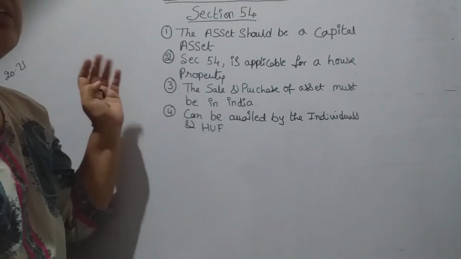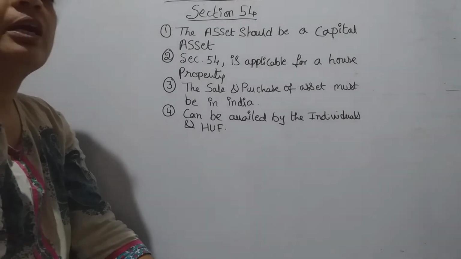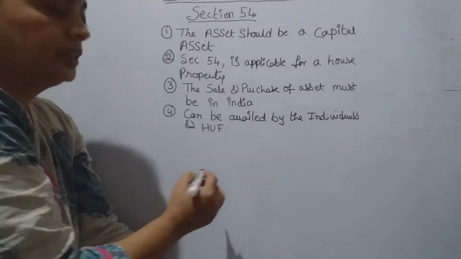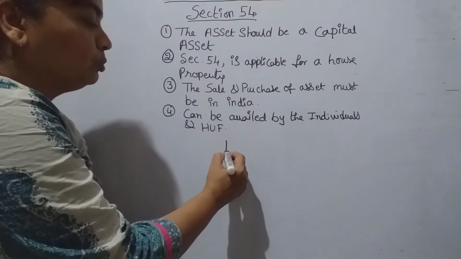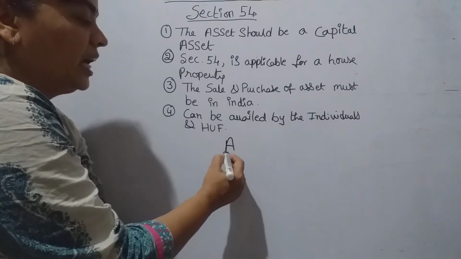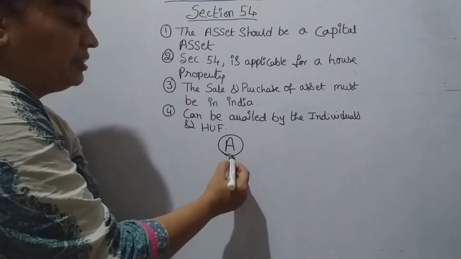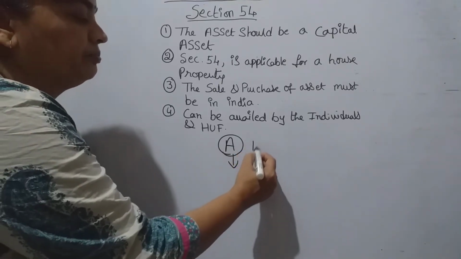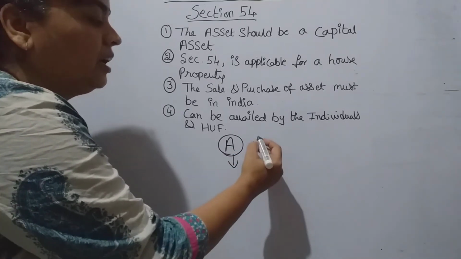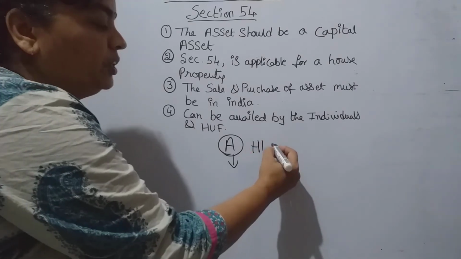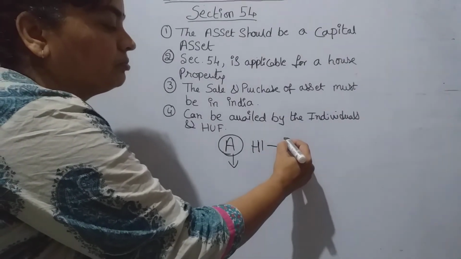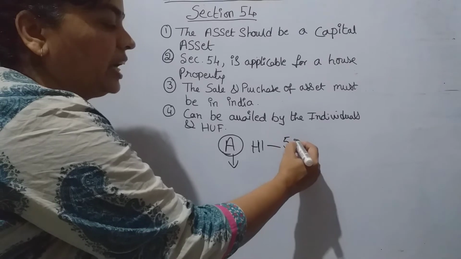Suppose A is having a house 1, which cost 50 lakhs.